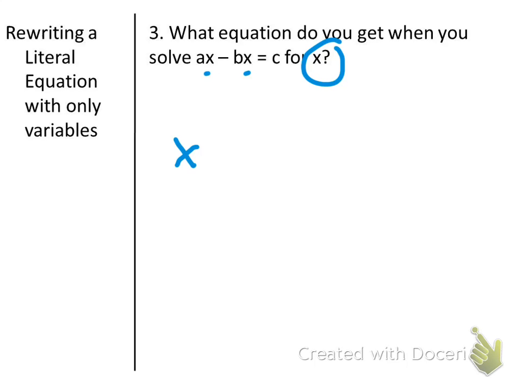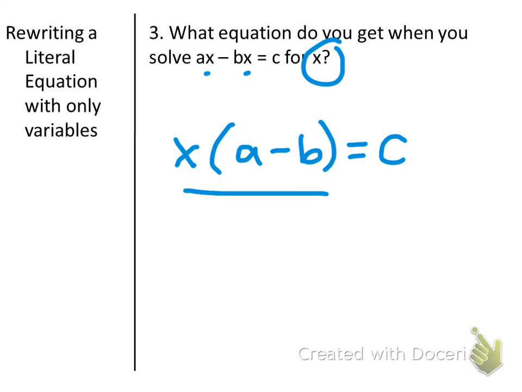So I'm going to take the x out. So I just have a minus b equals c. Because we know they did the distributive property because a times x is ax, x times b is bx. So all they did was distributive property. So I can easily take it back out to simplify my problem and solve for x.